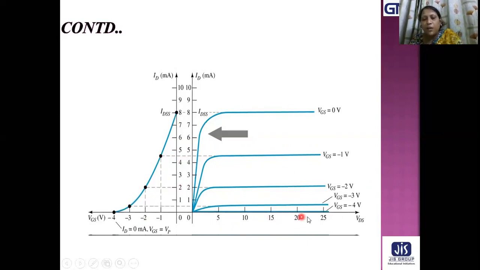If we keep on increasing VDS, current is not increasing in the drain characteristics. But if we keep on increasing VGS, the magnitude is increasing, but the actual value is decreasing. The current is gradually decreasing in the transfer characteristics curve.